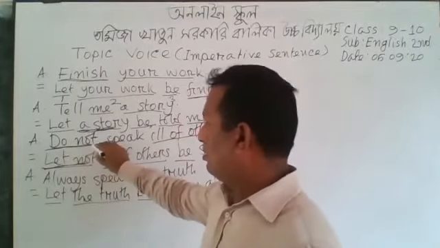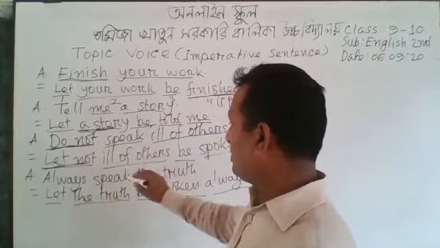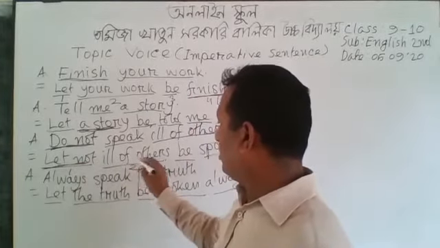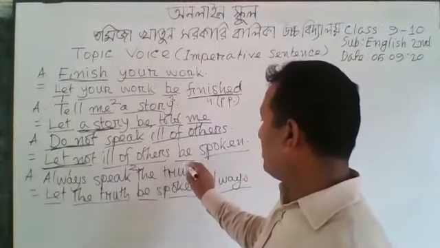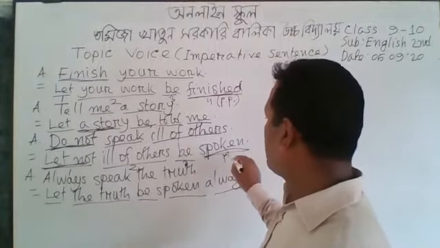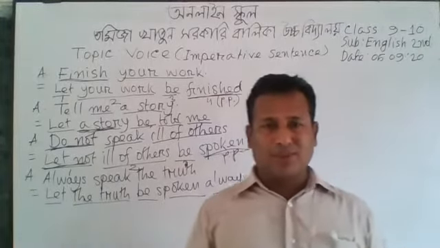Do not, operator do not, principal verb, that is imperative sentence. So let not, object will be subject, ill of others. In the third place, be, and then PP. So it is really easy for you.